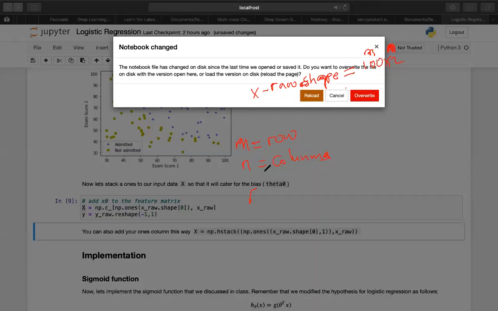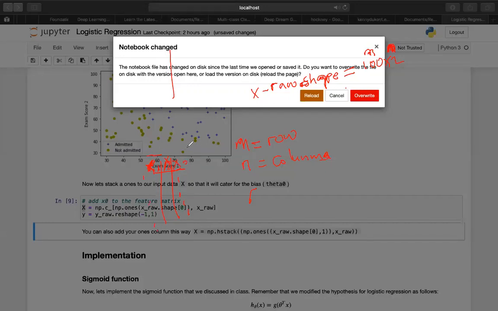And now we are saying that we stacked a column of ones. So we have x1, we have x2. We stacked a column of ones, say x0, 1, 1, 1. We just brought it and added it to this 100 by 2.